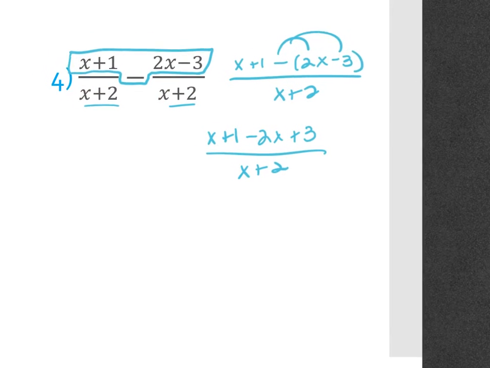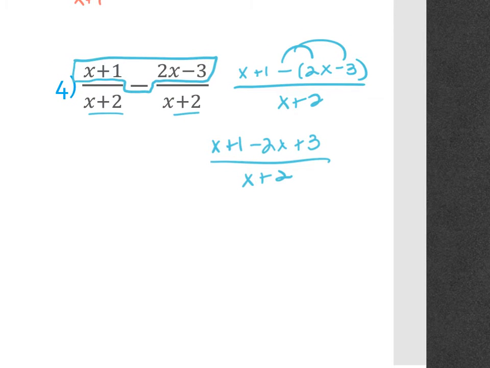And then I have to combine my like terms. So x minus 2x is negative x. 1 plus 3 is 4 over x plus 2. And the restriction on this one would have been that x cannot equal -2. Good so far.